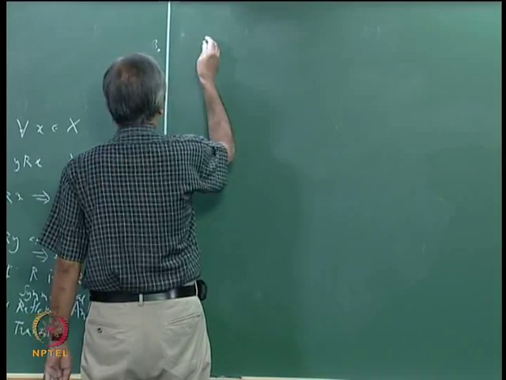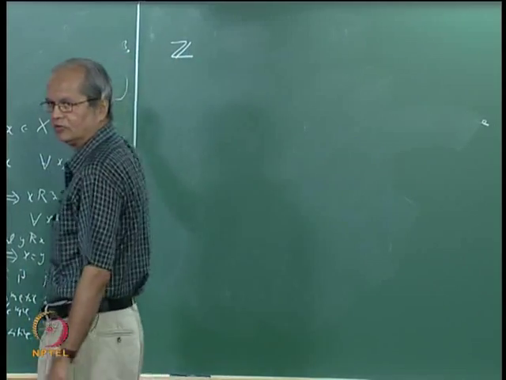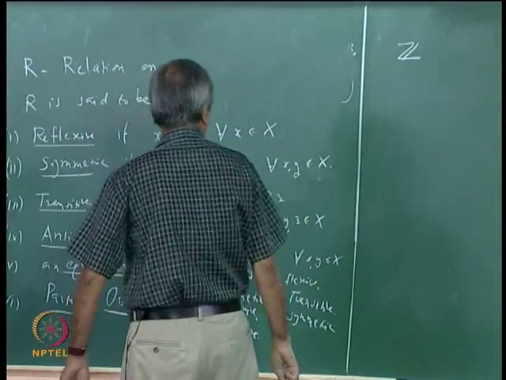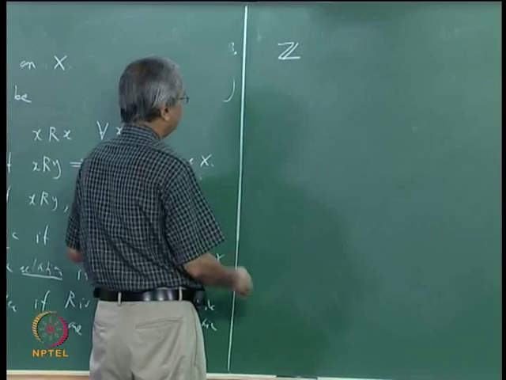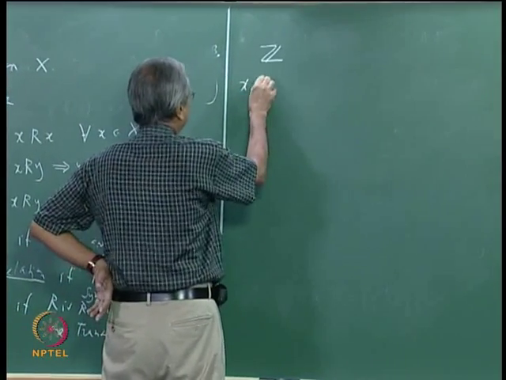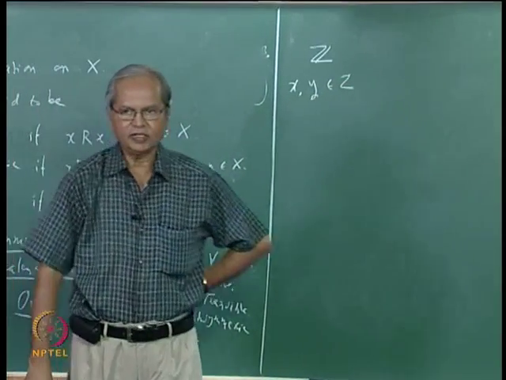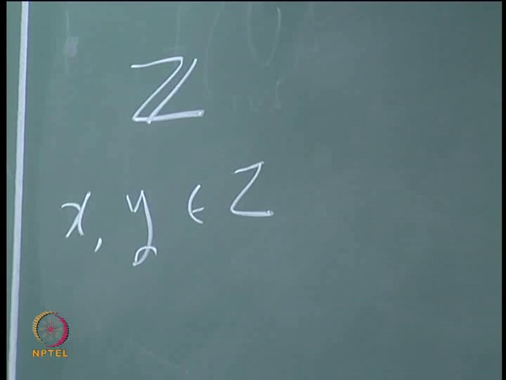Let us say I take this set Z, the set of all integers. You have seen this. And the relation is, suppose you take two integers x and y. I say that x is related to y if the difference x minus y is divisible by 3.